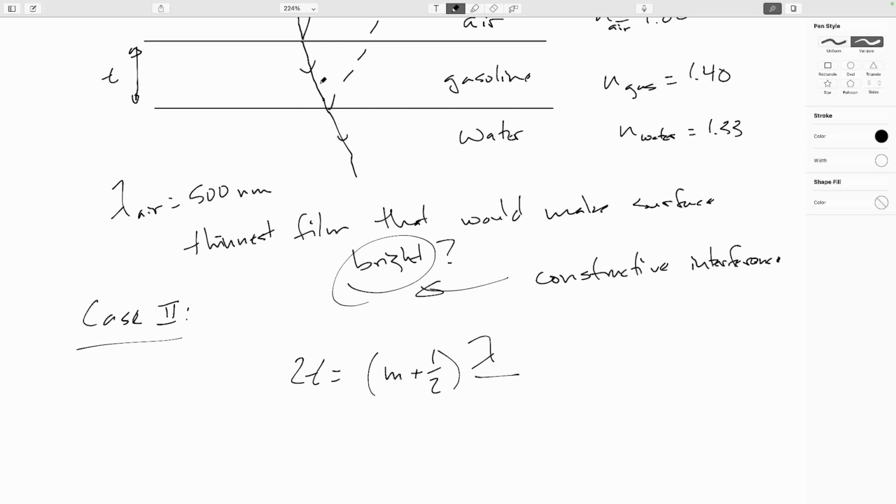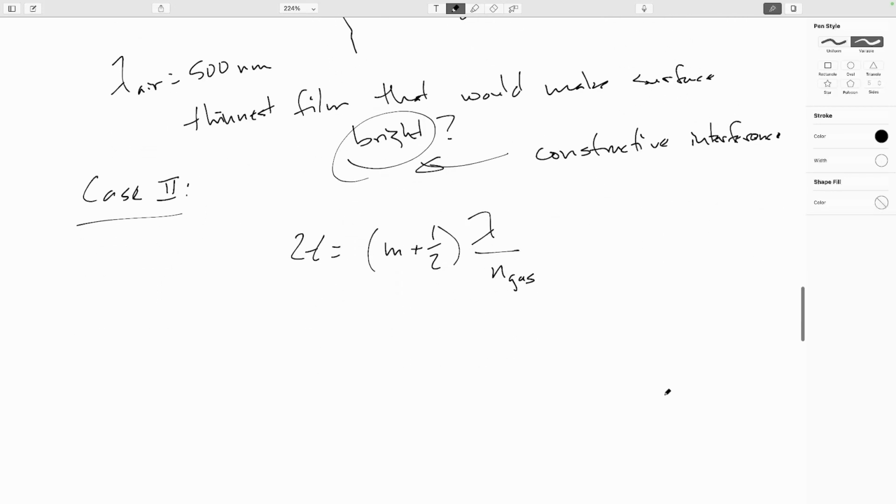What we're concerned about is the round trip in the gasoline, so this will be the index of refraction for gasoline here. So I can just divide through by 2 to get all the thicknesses that I could ever imagine. So this will be m plus a half lambda over 2 times the index of refraction for gasoline.